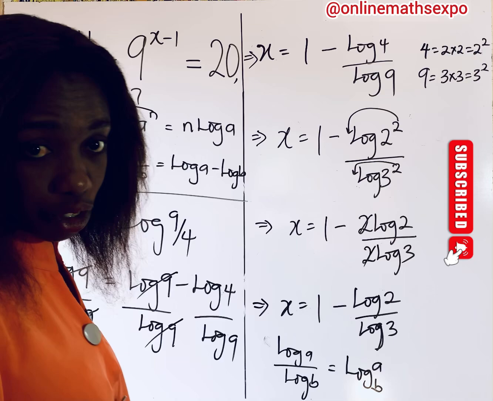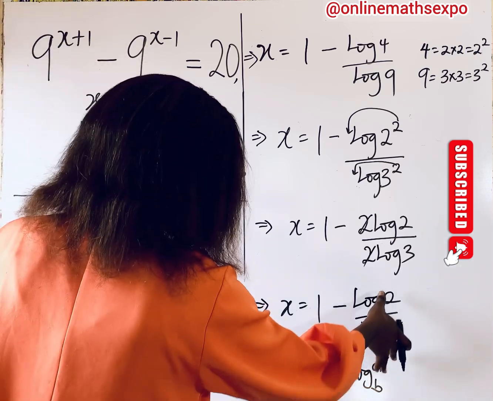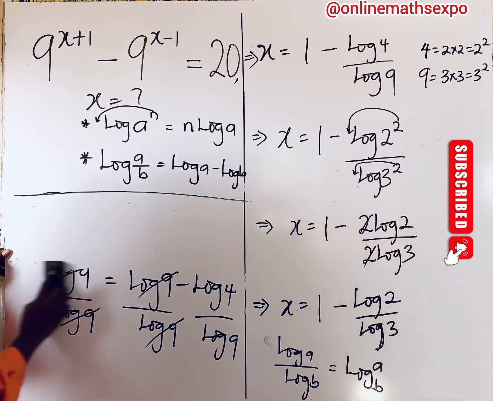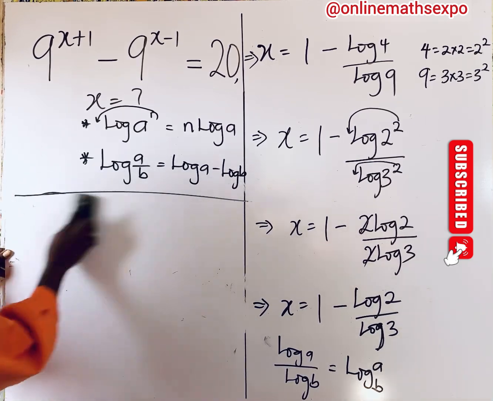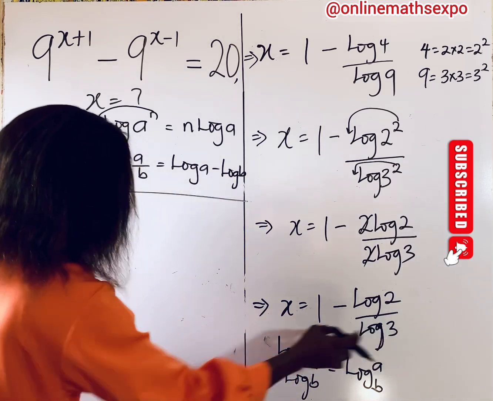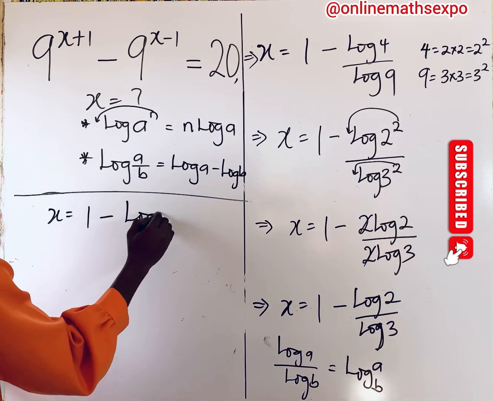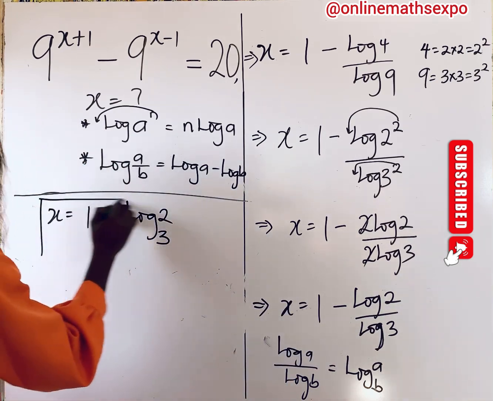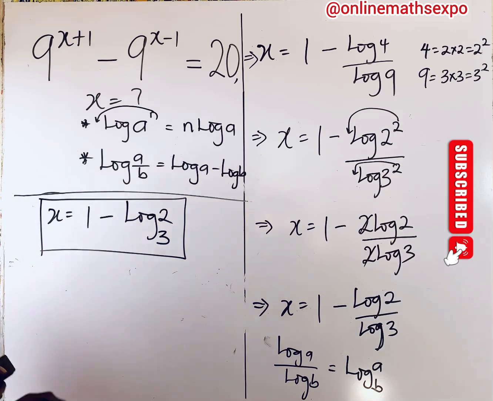We say it is change of base. Let's quickly apply it here to get our final value of x. So x is going to give us 1 minus log 2, then this will turn to the base of 3. And this becomes the simplified value of x.